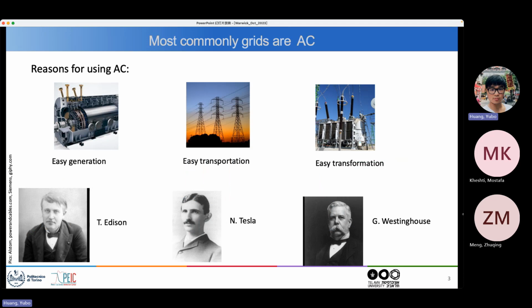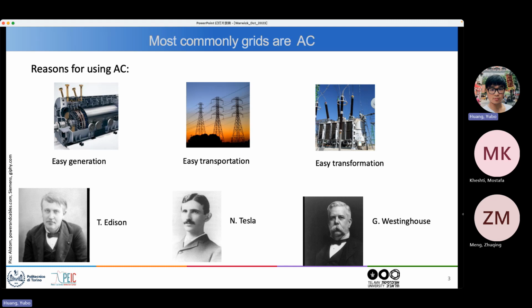For the last 120 or 130 years it was universally accepted that the electricity grid is AC, because there was a big dispute on this matter between Edison, who advocated for DC, and Tesla and Westinghouse, who advocated for AC, and they were right.